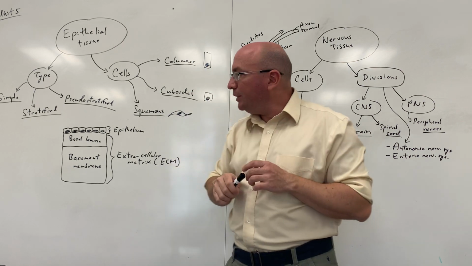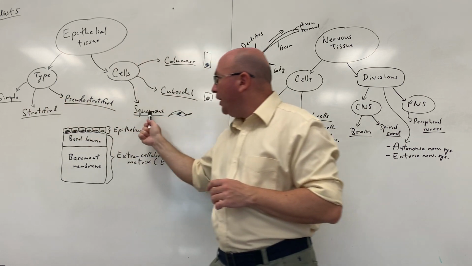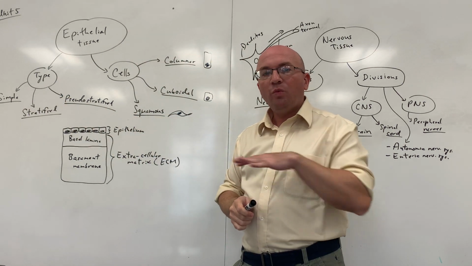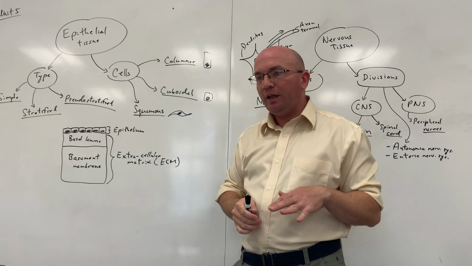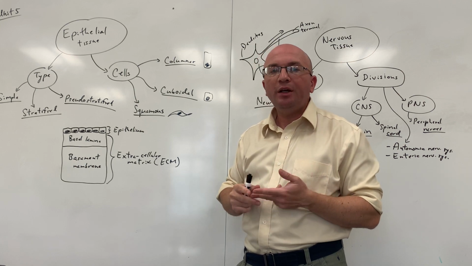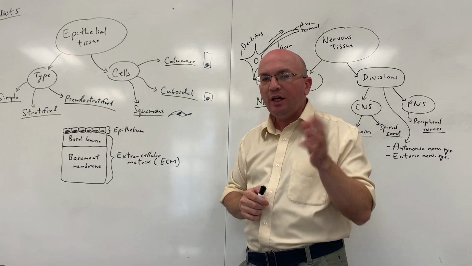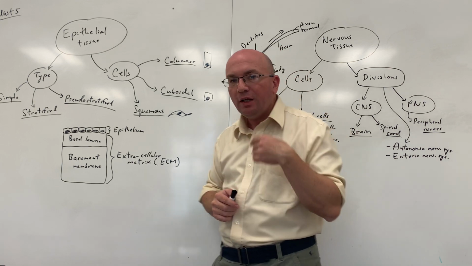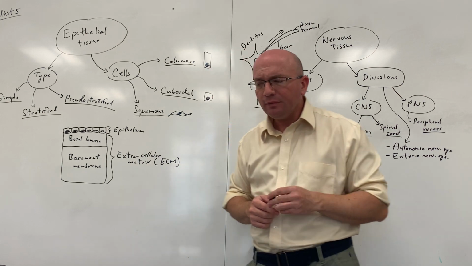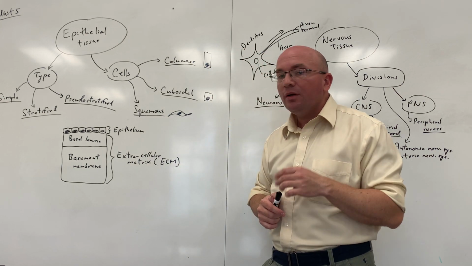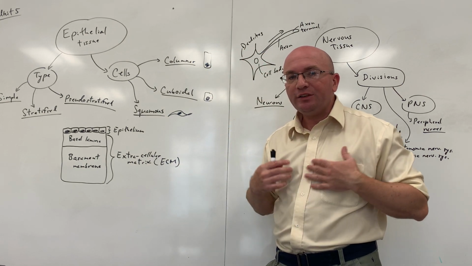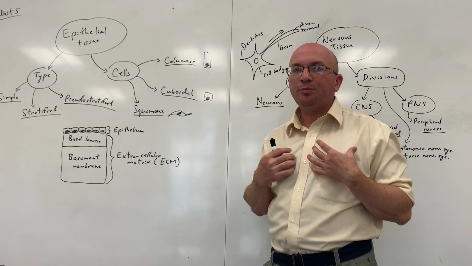So the first example is simple squamous epithelium. Again, this is one layer of cells, all flat cells. Where would you see this? 2 main locations. You're going to see these in capillaries. These are the smallest types of blood vessels, where diffusion of gases is essential, like diffusion of oxygen and things like that. And another example is the air sacs or alveoli in our lungs for the respiratory function.